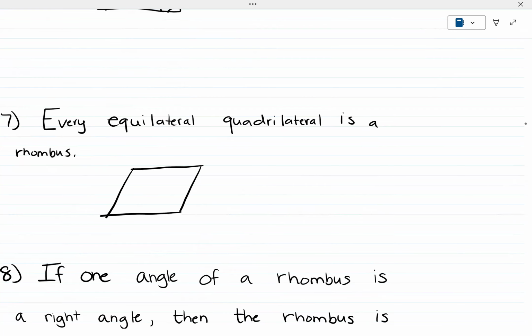In a rhombus, all the sides could be congruent, but the angles aren't congruent. So every equilateral, yeah, I'm going to say false. I mean, true, true, true.